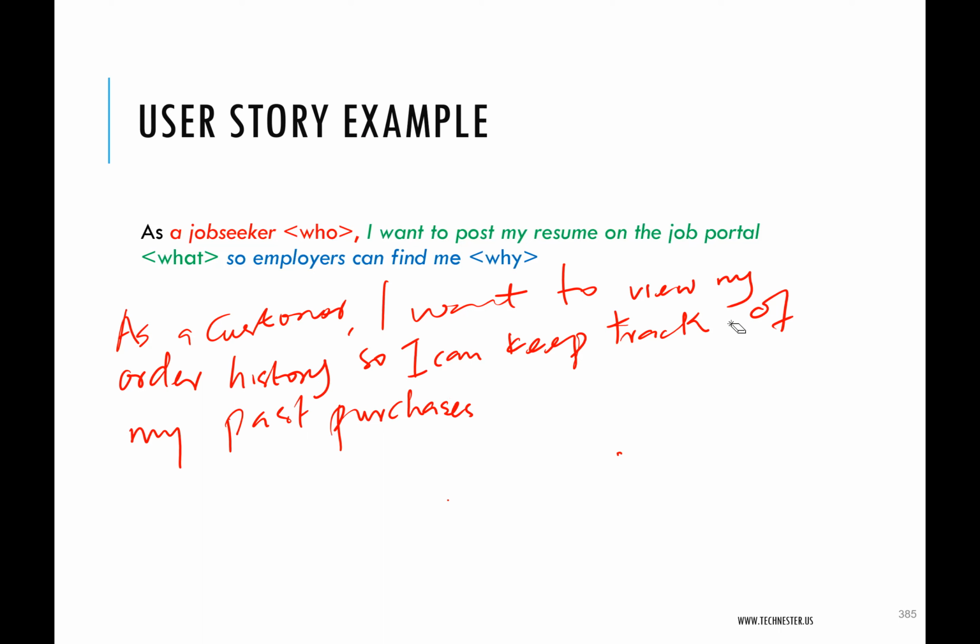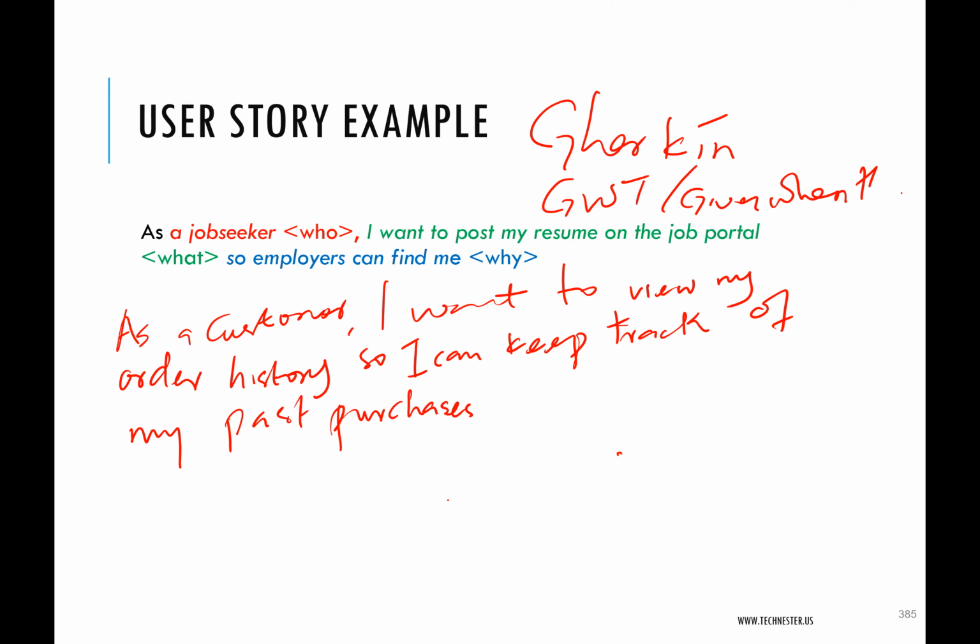So if I want to write the acceptance criteria for this user story using the Gherkin format, or GWT, or given, when, then, this is how I'd write it. I'll start with the preconditions. So what this story is about is that the customer should be able to view order history so that they can see their past purchases.